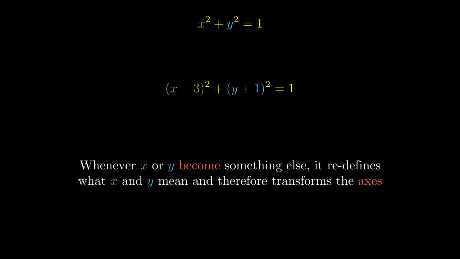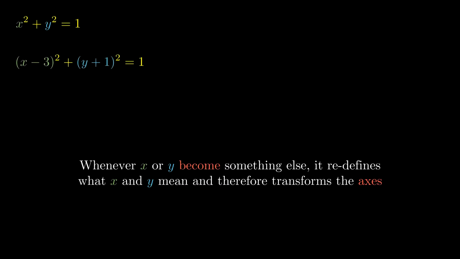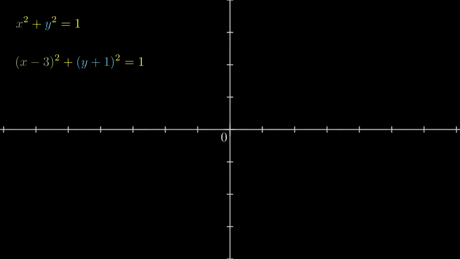Okay, and let's get back to the graph to see what we mean by that. So let's start with the plain old x squared plus y squared equals 1. Now this is the Pythagoras relationship between x and y, sweeping out the circle, centered at the origin with radius 1. Now we change x to x minus 3, which again is a transformation of the axis.